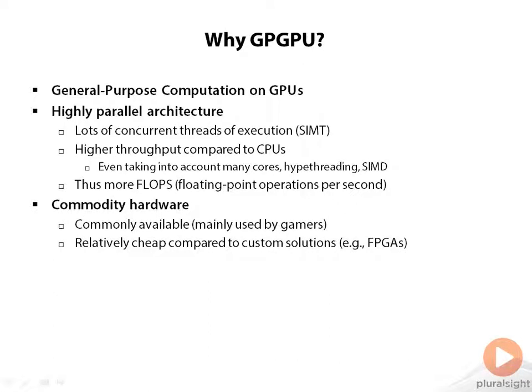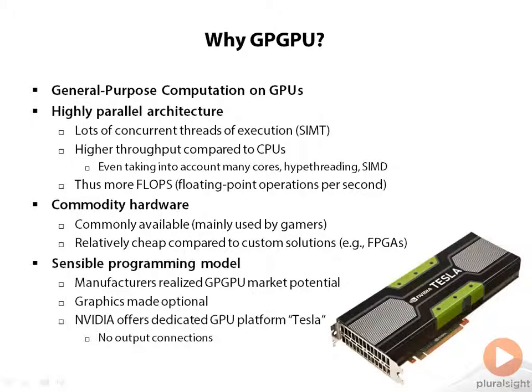Another factor in the success of GPUs has been the fact that graphics cards are essentially off-the-shelf products. Every gamer out there needs a good graphics card, and this has allowed GPU manufacturers to recover their R&D costs and keep the prices relatively low compared to custom-built acceleration solutions. And finally, graphics card manufacturers realized what was going on, and they started offering ways of programming the GPU that weren't tied to graphics anymore.